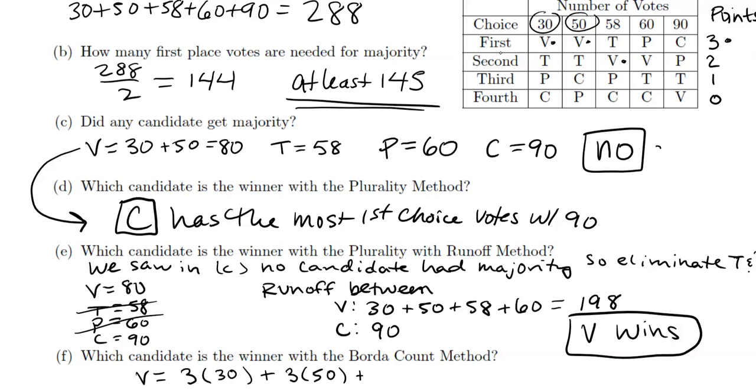Then they drop down to second place, worth 2 points for 58 votes, so 2 times 58. Second place again for 60 votes is another 2 times 60. And then in the third one, they're in last place, so 0 points times 90 votes. We'll need to add all those up.